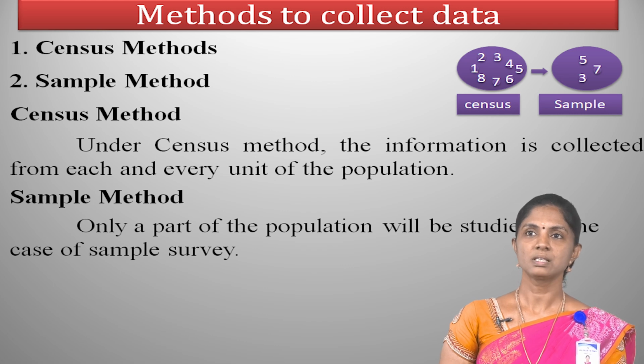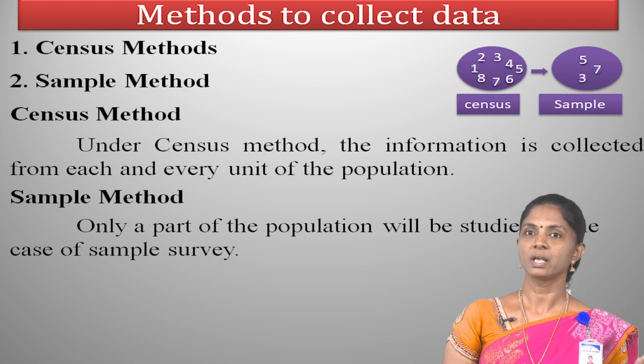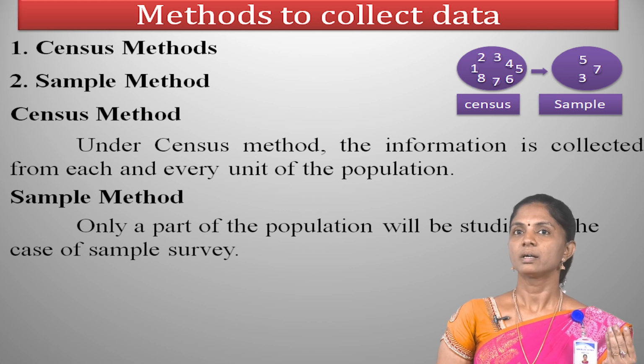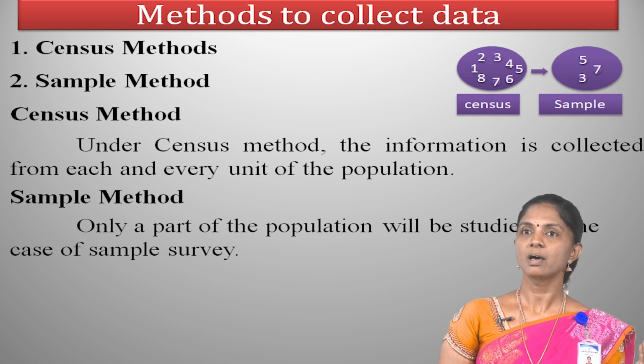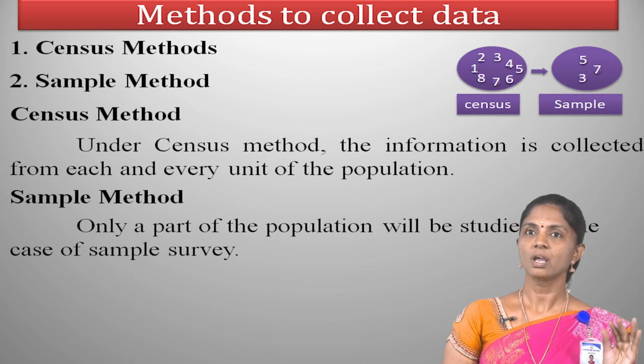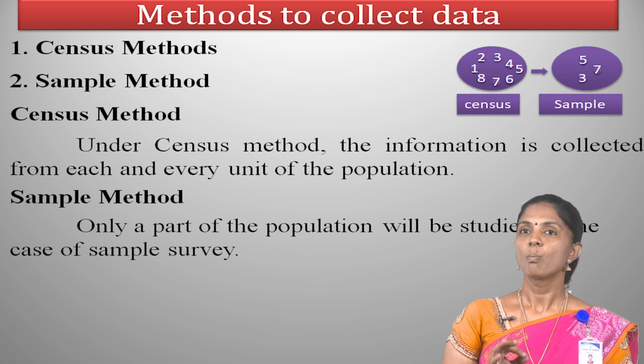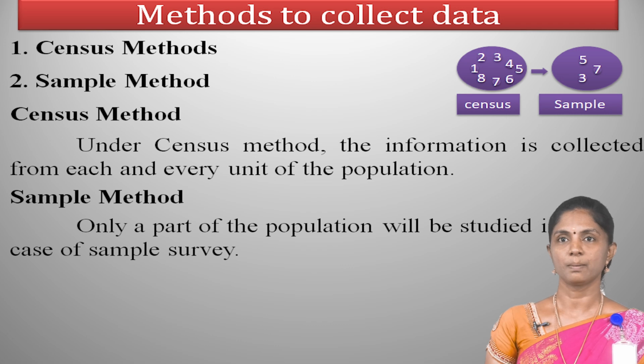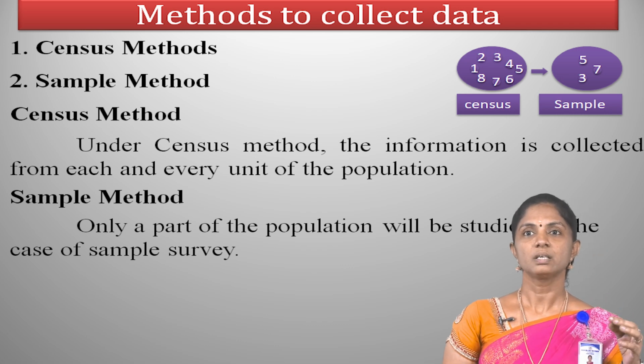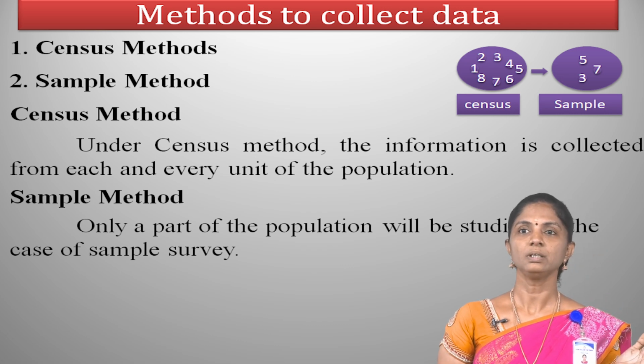Next method is the sample method. First, the census method has some merits and demerits. Merits are the data are collected from each and every unit of the population. The results are more accurate and reliable. The intensive study is possible.